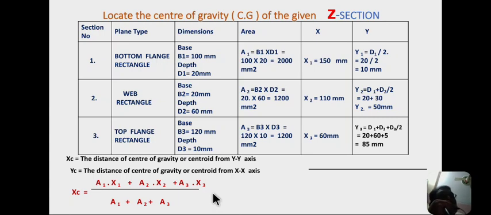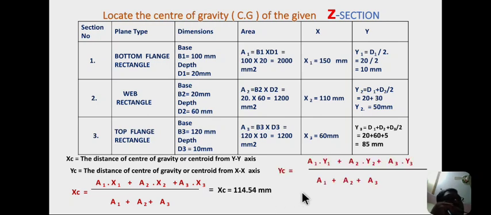By substituting the values, we will get the answer xc equal to 114.54 mm. In a similar way, yc equal to A1 y1 plus A2 y2 plus A3 y3 by A1 plus A2 plus A3. Now yc equal to 41.36 mm. These are the final answers.